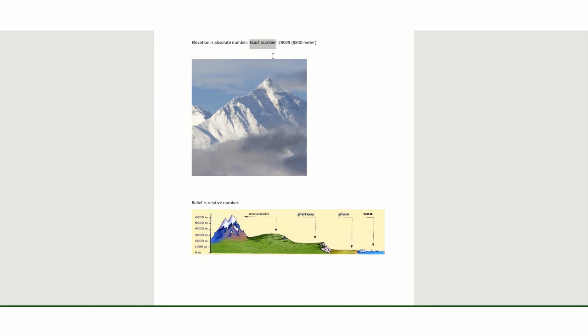Like Mount Everest, it's the absolute number, and it has this one, so it's not compared with another one. So friends, this is the lesson today about the difference between elevation as an absolute number and relief as a relative number, and how you should know which is the exact number or absolute elevation, and which is the relief.